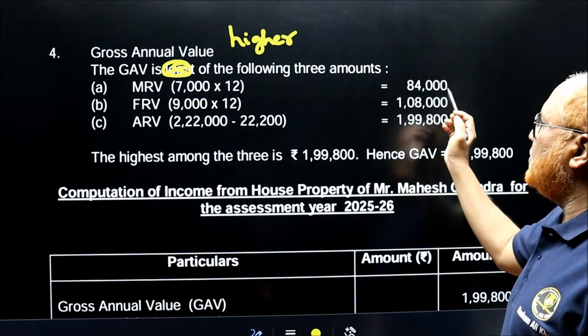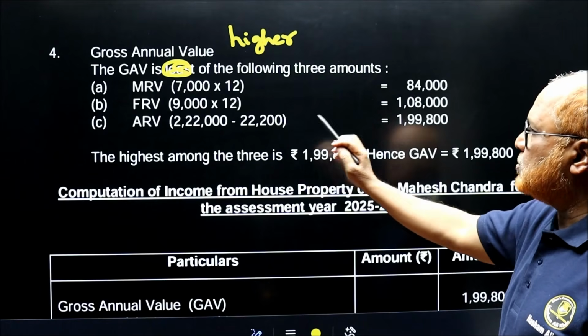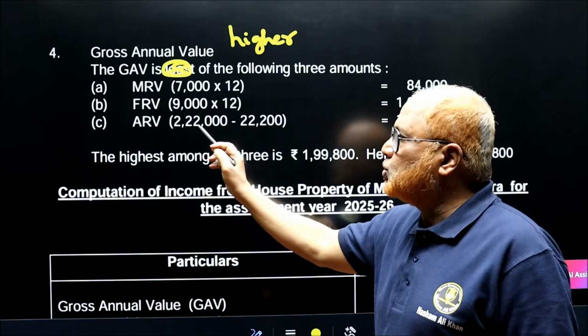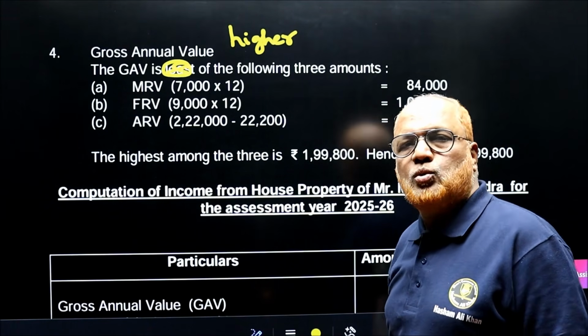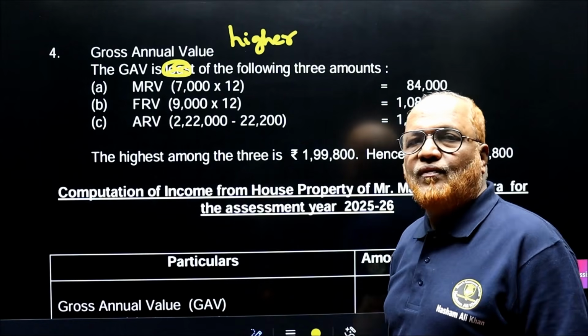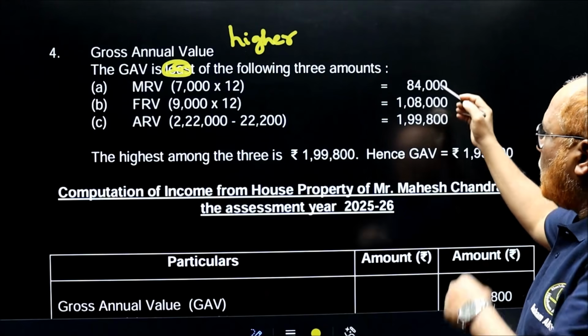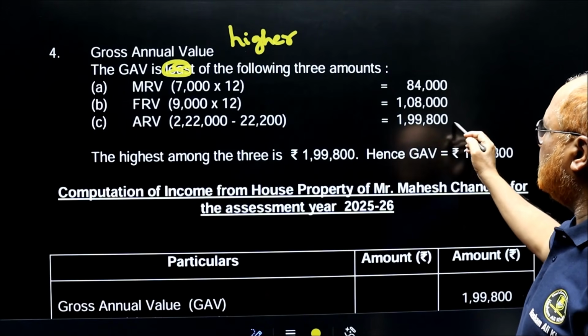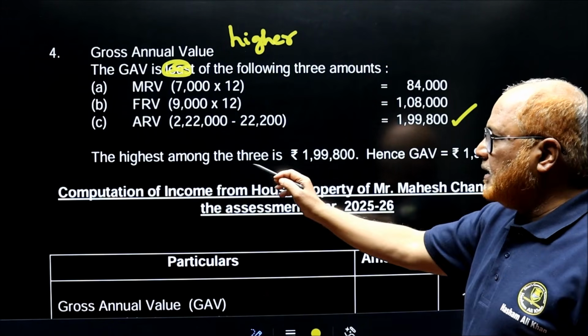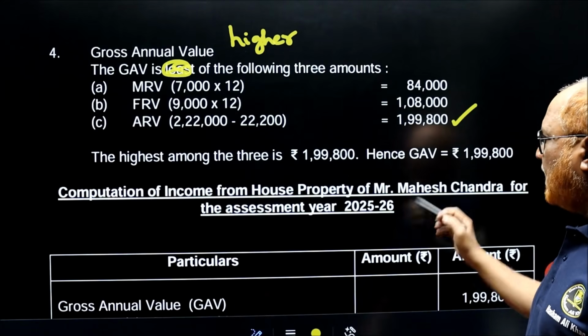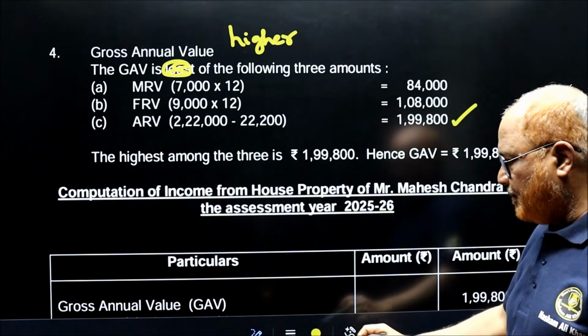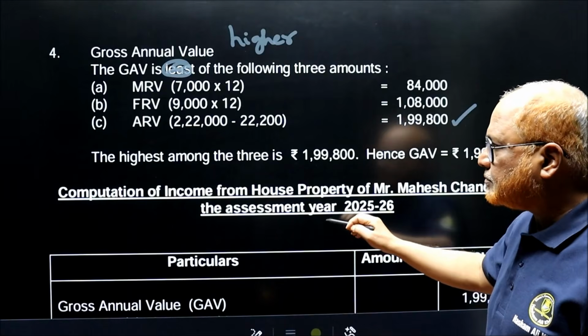MRV is 84,000, FRV 1,08,000 and ARV actual 2,22,000 minus 22,200. This is the cost of facility provided, security staff salary. The higher is 1,99,800. So the highest among the 3 is 1,99,800. Hence GAV is 1,99,800, right?